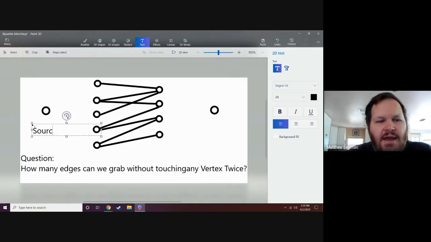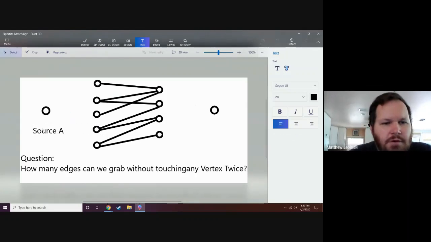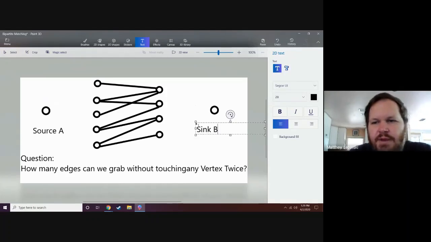So this is a source A, and this is a sink B.